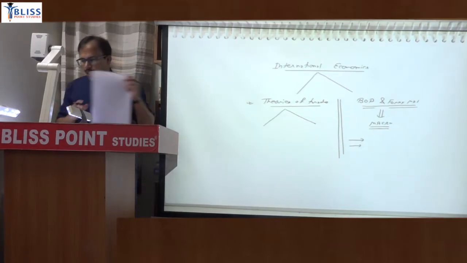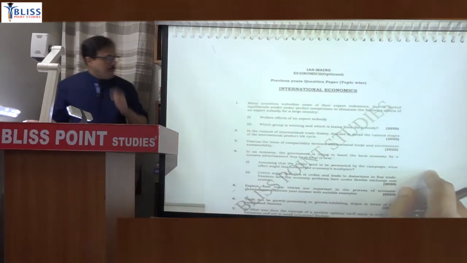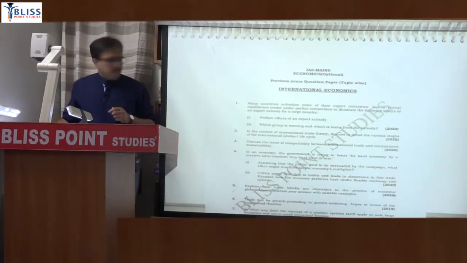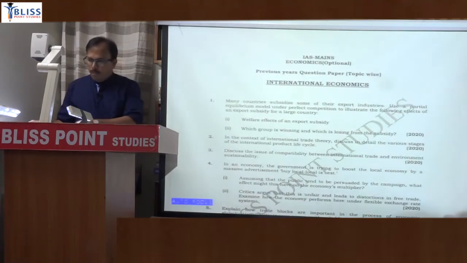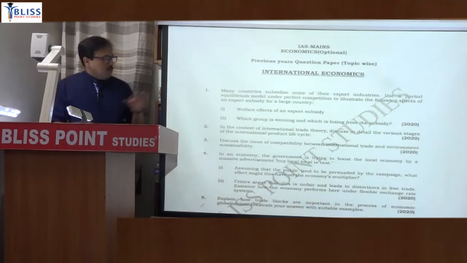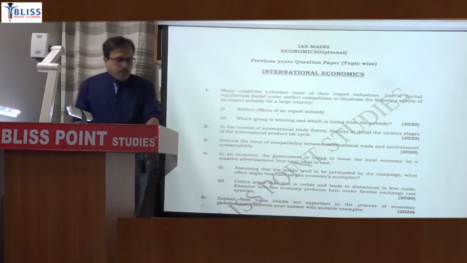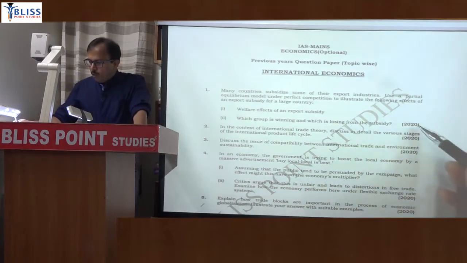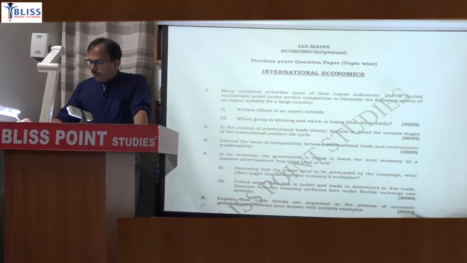But before starting that, just see the questions. This is the topic-wise question breakdown from the international economics section. In 2020, last year, there were 5 questions from the international economics section.